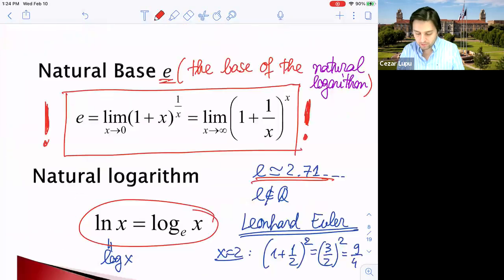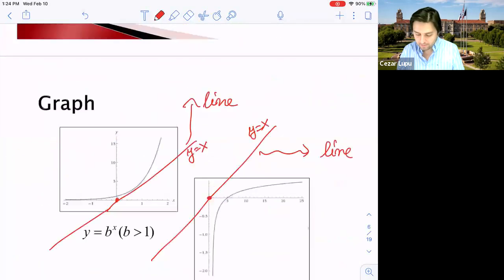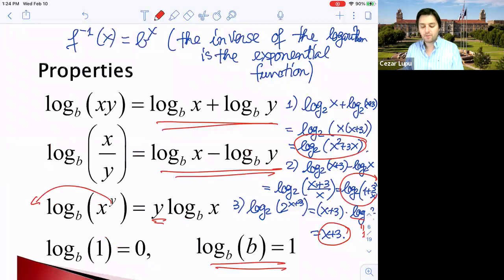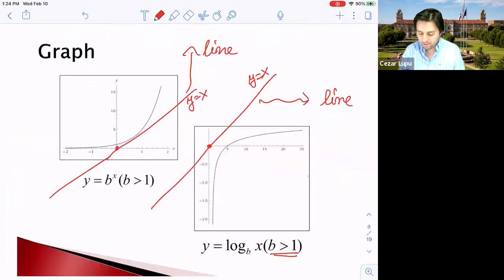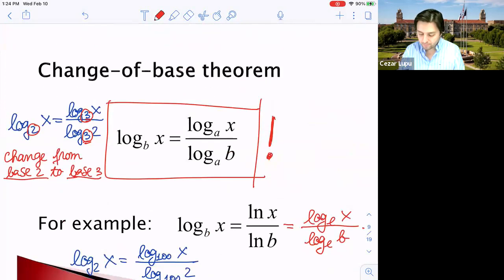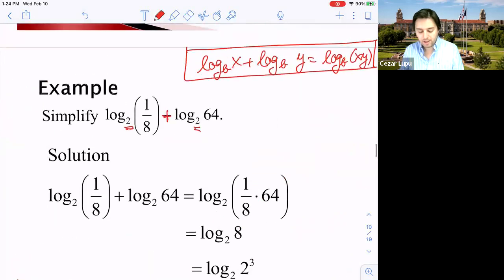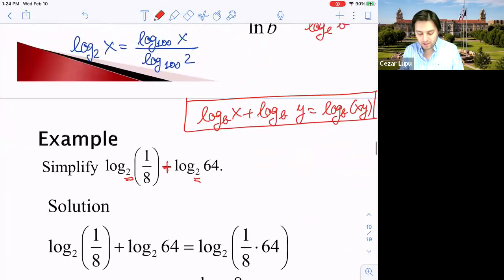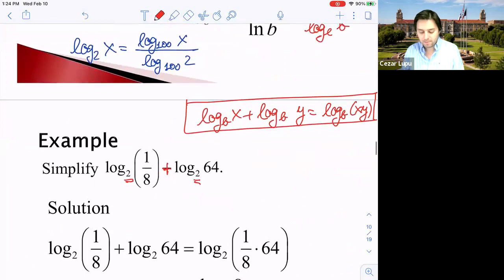Let me go back and show it to you again. You see the first property? Log in base b of x plus log in base b of y is log in base b of x times y. So the same thing happens here. As you can see, I multiply them.